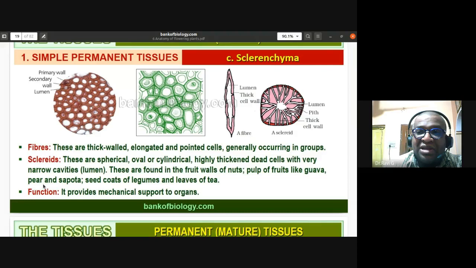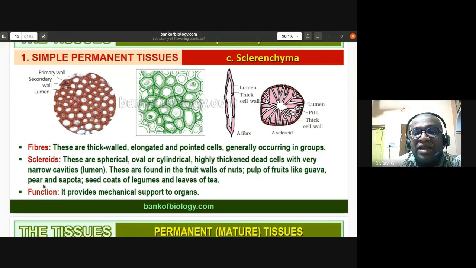Nowadays you get Chinese pears, which are very soft, but the wild variety of pears are hard because of the sclerites found in the pulp of pear and sapota, that is chiku. So you find sclerites distributed in them.